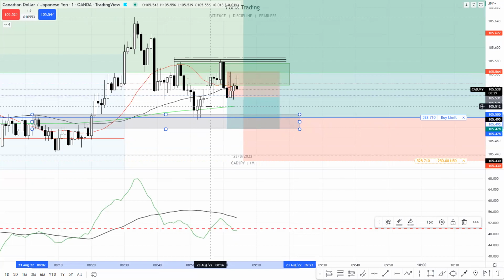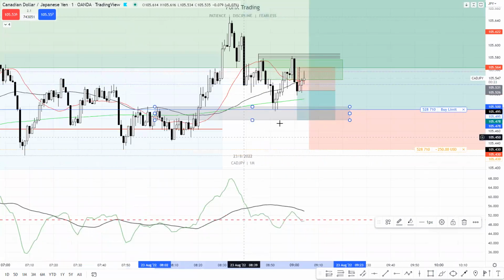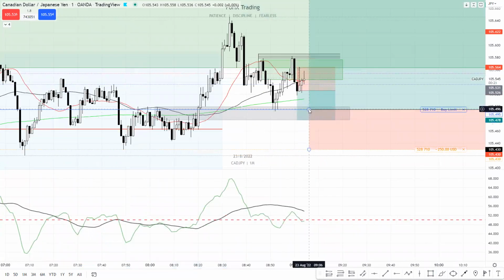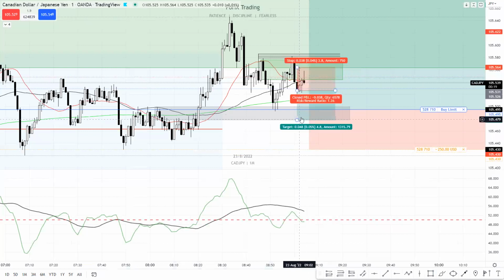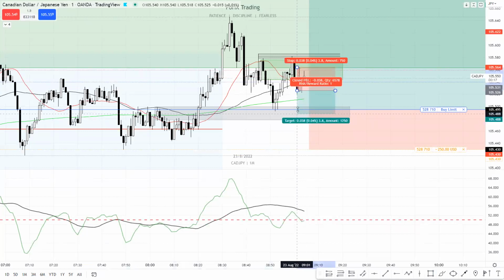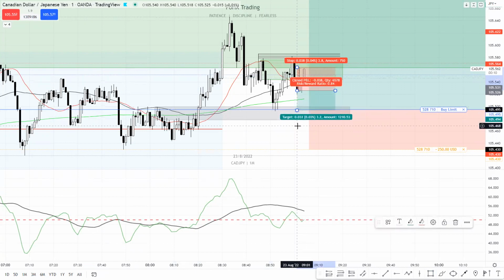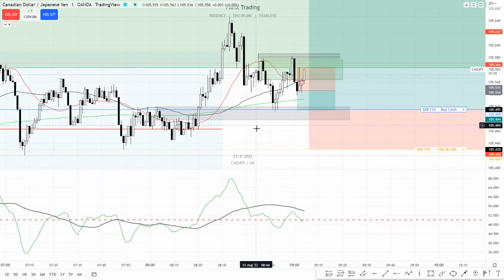I want to see continued rejection and movements lower, especially because we have a liquidity pool, and I want to get that buy in. This is gonna run to this buy. My risk reward is not good. So I guess a lesson to learn from here is to not trade reversals.